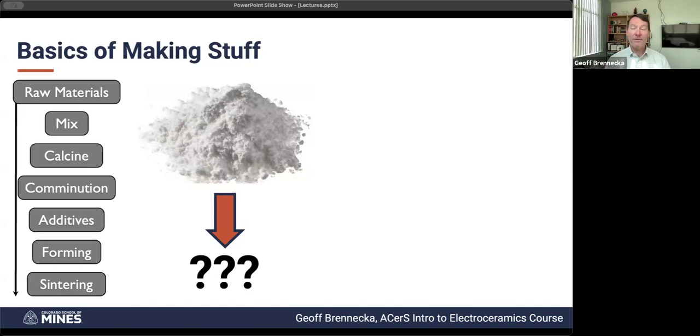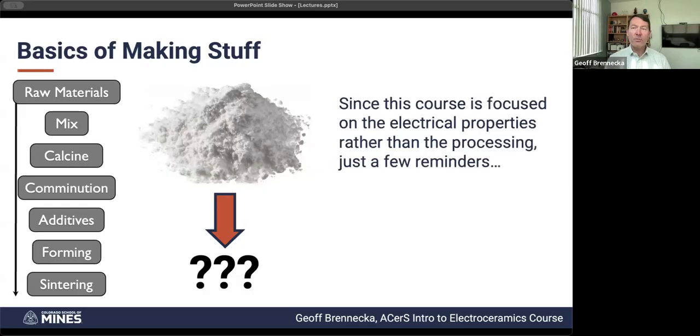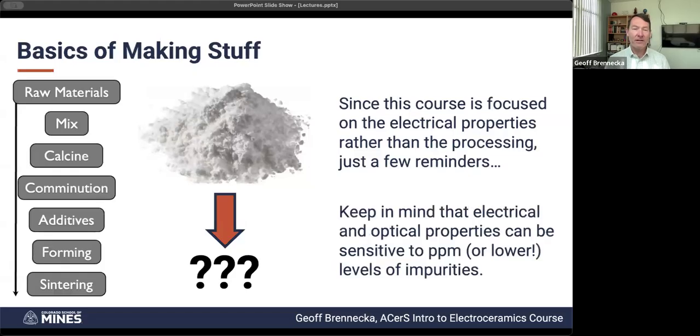And the difficulties of that process, that's why we all have jobs. Because not just any Joe Schmo off the street can do this, because ceramics are really sensitive to the way that they are made. So since we're going to focus on electrical properties, I'm just going to start off with a few reminders, and that'll keep us, I guess, focused around that.